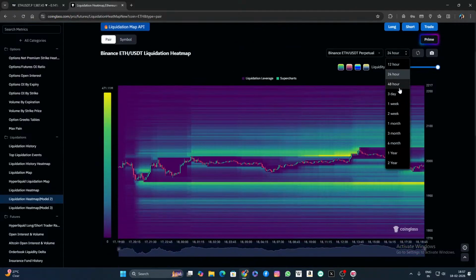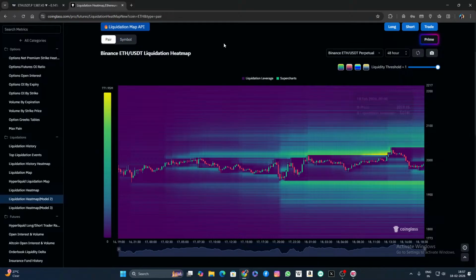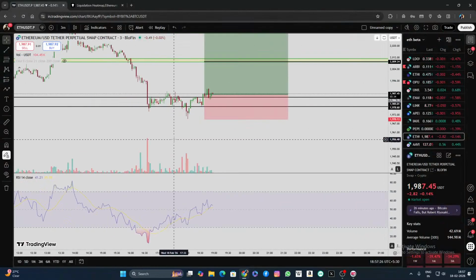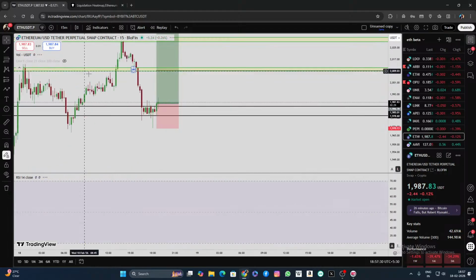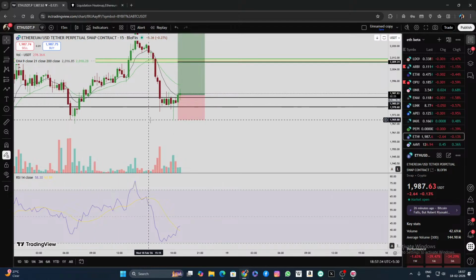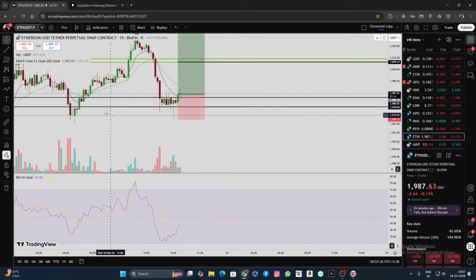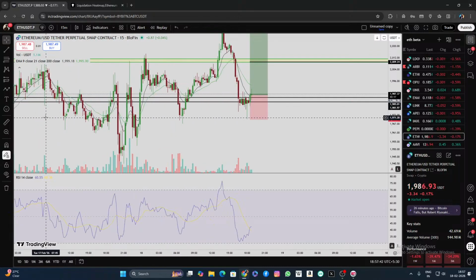Lots of liquidity around 1926, 1941. Not good. Let's see if it is a candle close. For now I'm holding.